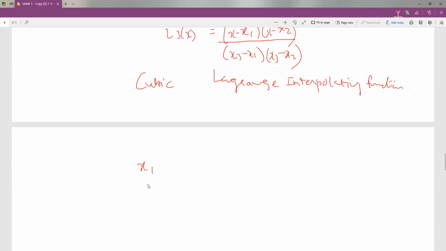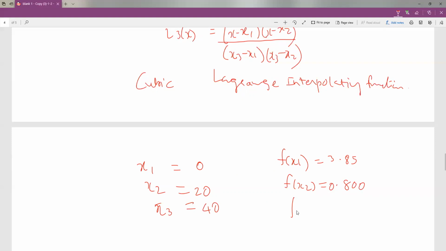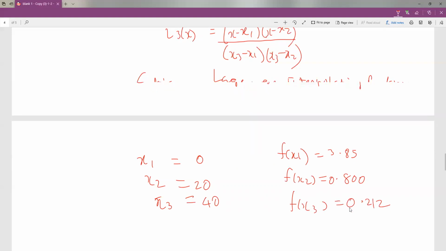Three data points are given: x1 equal to 0, x2 equal to 20, x3 equal to 40, and the function values f of x1, f of x2, f of x3 are the given values.